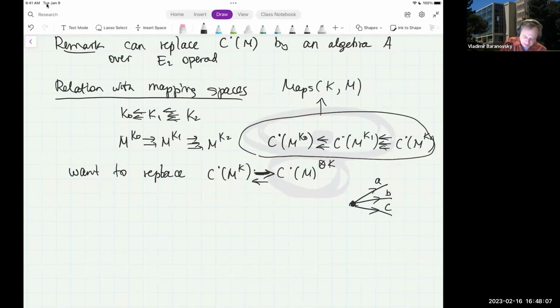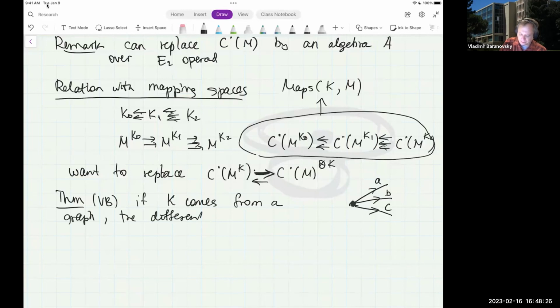And so let me just state the result. If K comes from a graph, so the differential on the smaller complex, so it will be C dot M tensor K0.